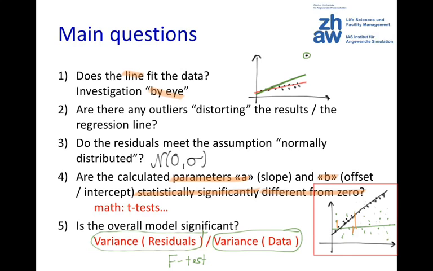In contrast, for the black line, we have very small residuals. So indeed, it is worth doing the line because the overall variance in the data is much higher than the variance in the residuals, leading to a significant difference in variances when doing an f-test.